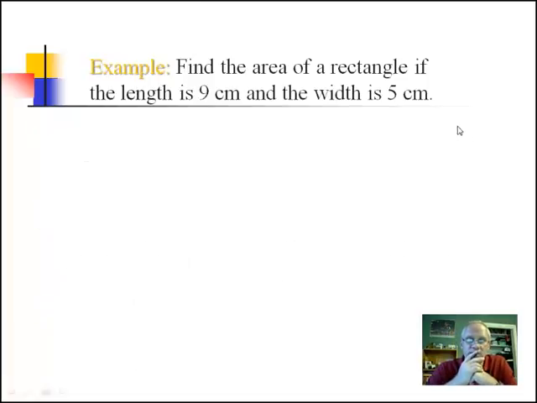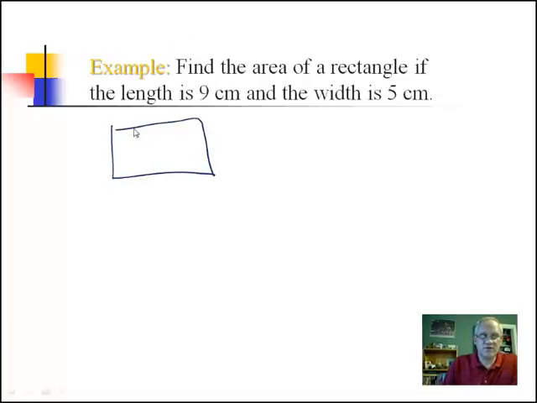So one last example here. Find the area of the rectangle if the length is 9 centimeters and the width is 5. Remember, a rectangle is going to look something like this. So 9 centimeters, 5 centimeters. What did we say? We just used this formula in the last slide.